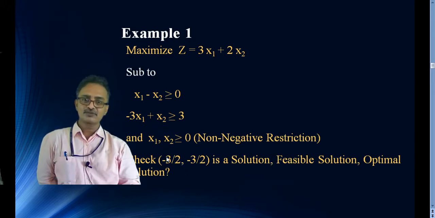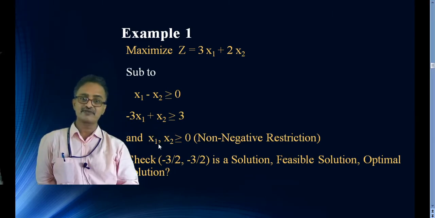If you substitute this value in the constraints, it should satisfy the given form of the constraints. If that is satisfied, then that is a solution. If it also satisfies the non-negativity restriction, then that is called a feasible solution.